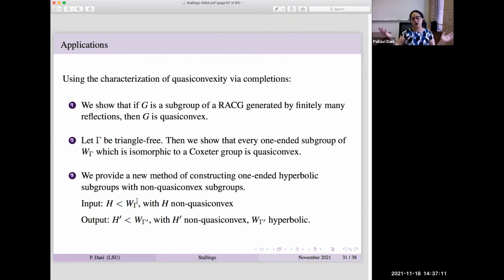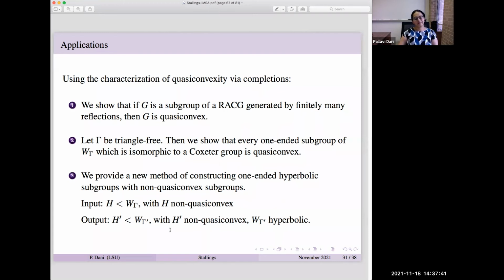Basically, anytime you have a non-trivial direct product, you can come up with non-quasi-convex subgroups. And what the construction does is it spits out a graph gamma prime and a subgroup H prime of W gamma prime, so that the subgroup is still non-quasi-convex, and the new right-angled Coxeter group is hyperbolic, one-ended hyperbolic.